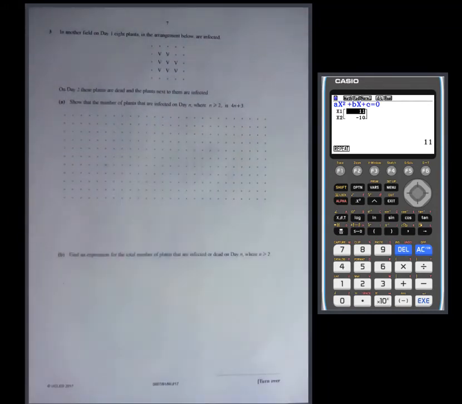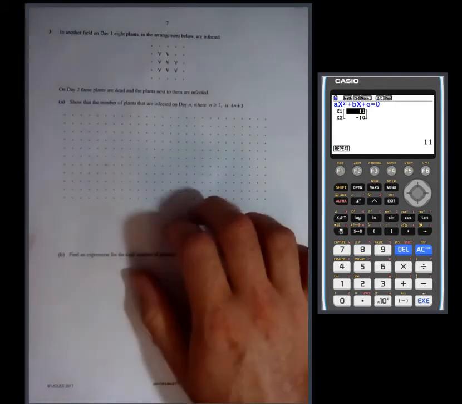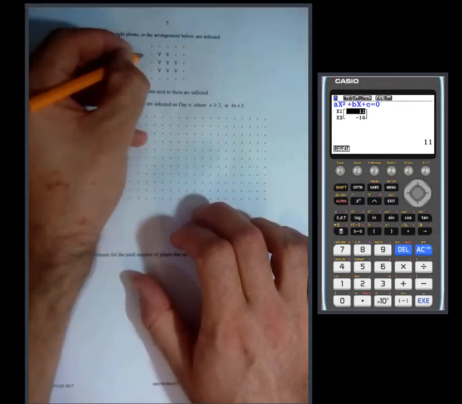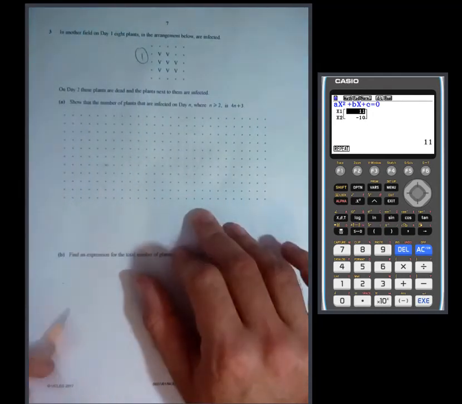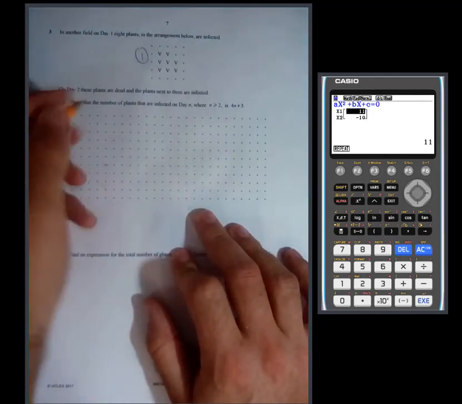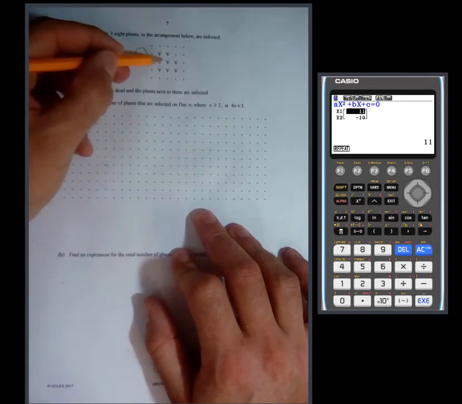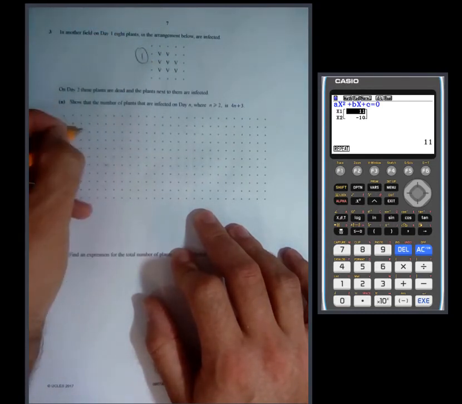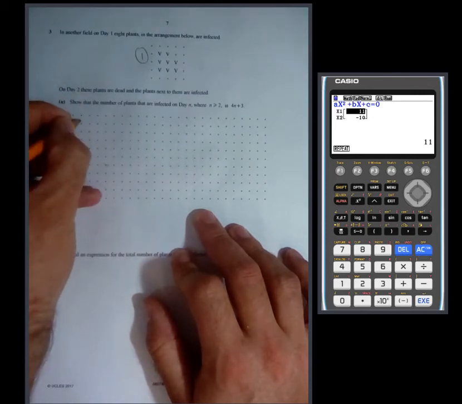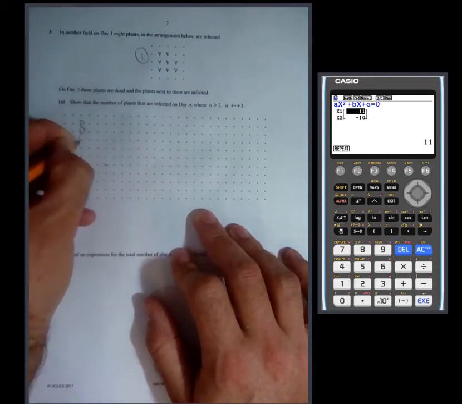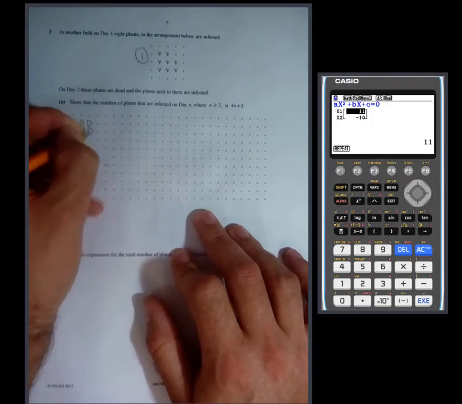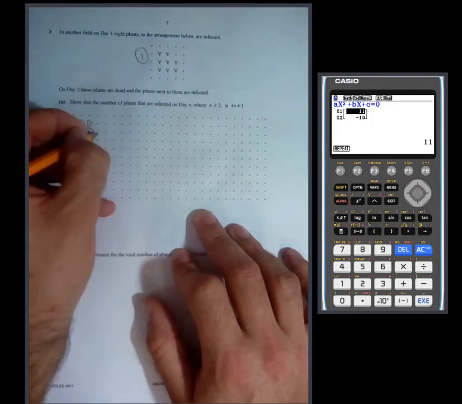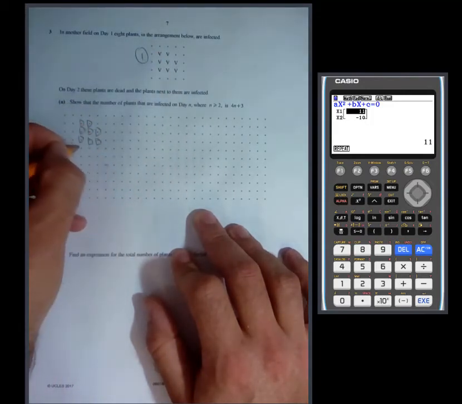So I've got some grid. I've been asked for a show that. I'm going to have to draw some diagrams. So this is day 1. Let's draw maybe day 2, day 3, day 4. So day 2, you're going to have 1, 2, 3, 4, 5, 6, all of those that will be dead. So we'll have dead, dead, dead, dead, dead, dead, dead, dead, dead, and then the virus runs around it.